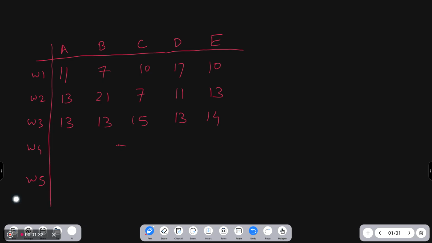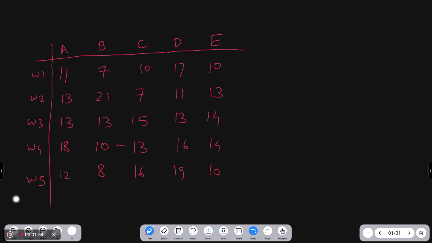In the fourth row, 18, 10, 18, 10, then again 13. Then 16, 14, 12. The last row is 12, 8, then 16, then 19 and 10.